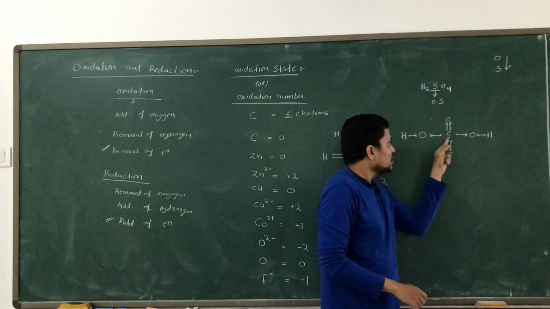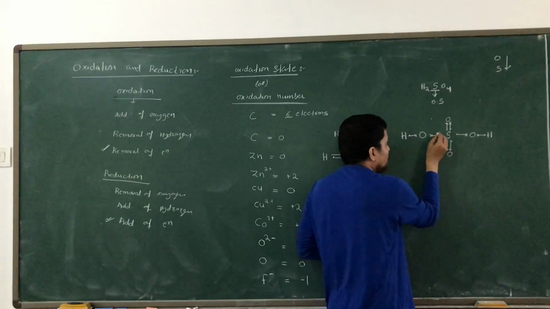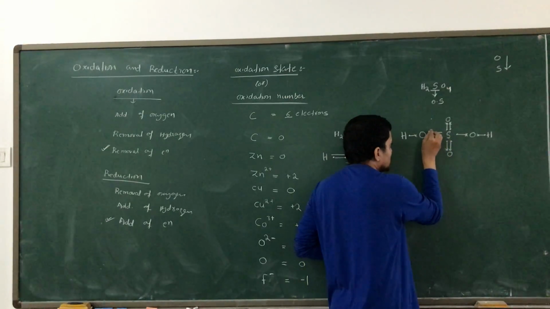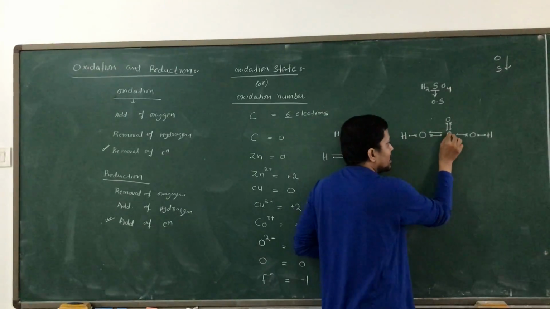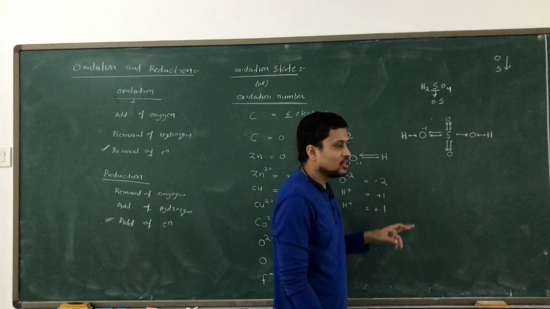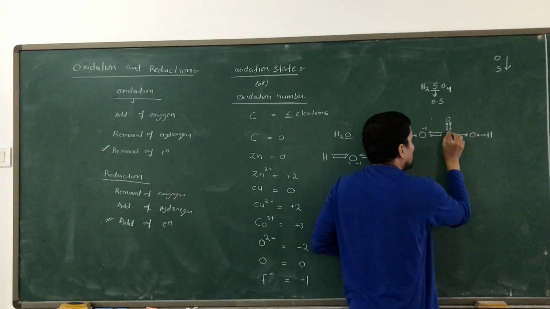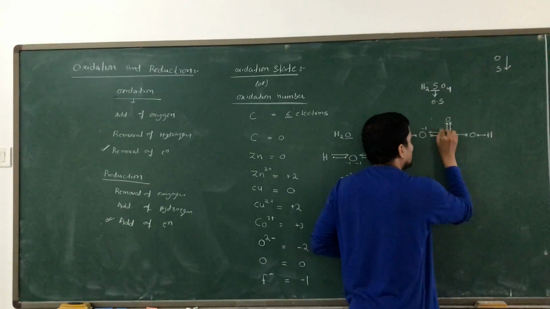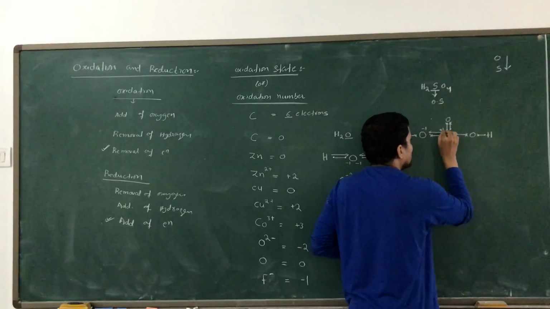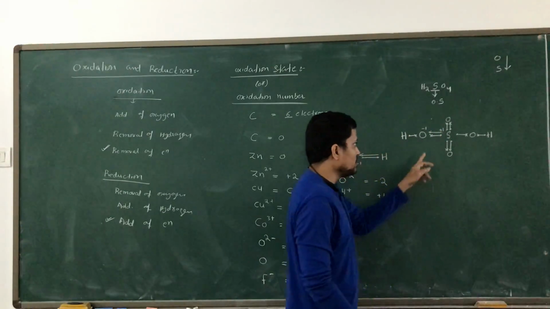So the electron will move towards oxygen. This 1 electron from sulfur is given to oxygen. So we got minus 1 on the oxygen, and after losing 1 electron, sulfur becomes plus 1.